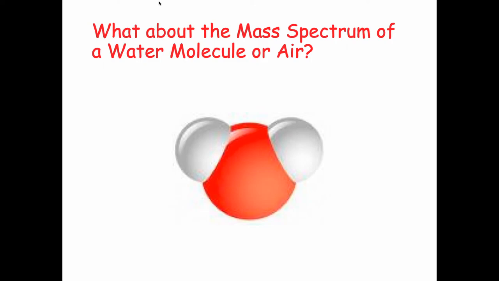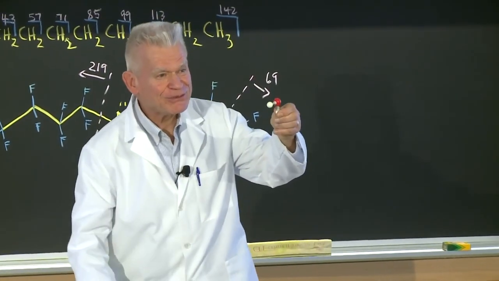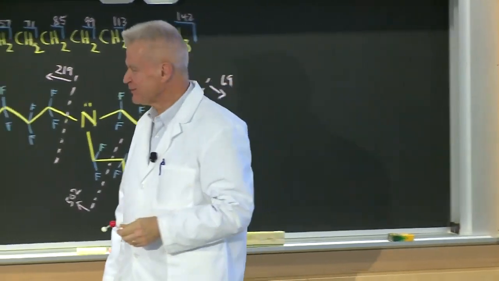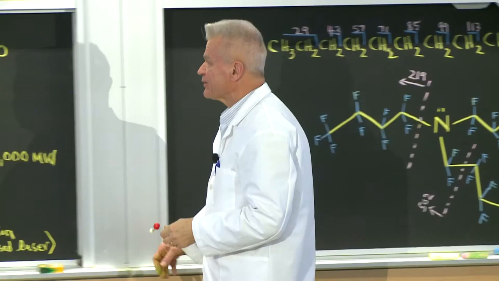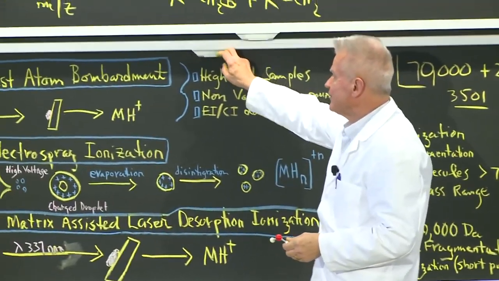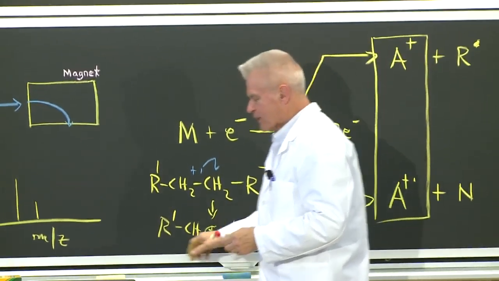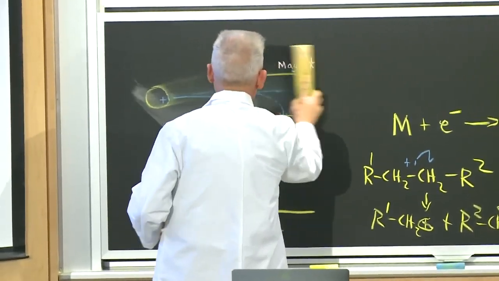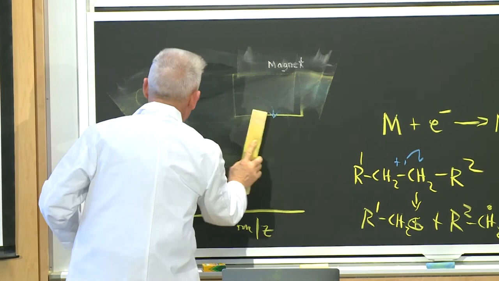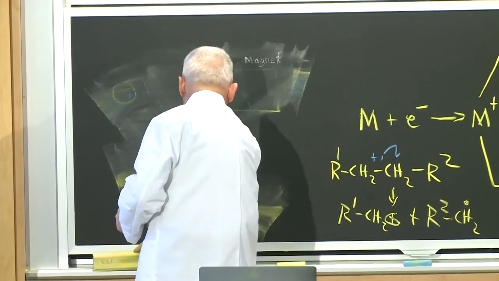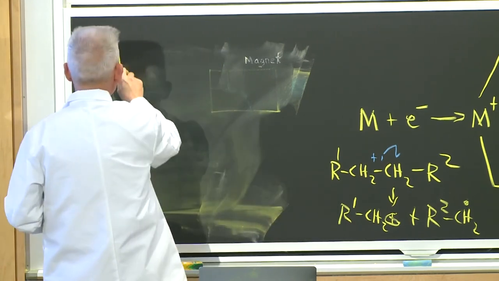This is water, very simple molecule. This is your chance to talk. We're going to actually look at this, and what I'd like to do is see what the mass spectrum of water looks like.